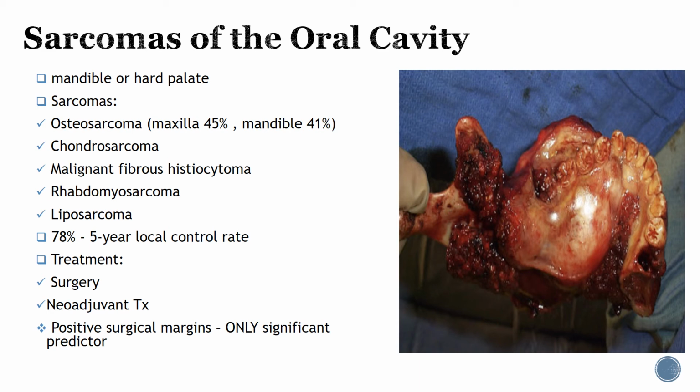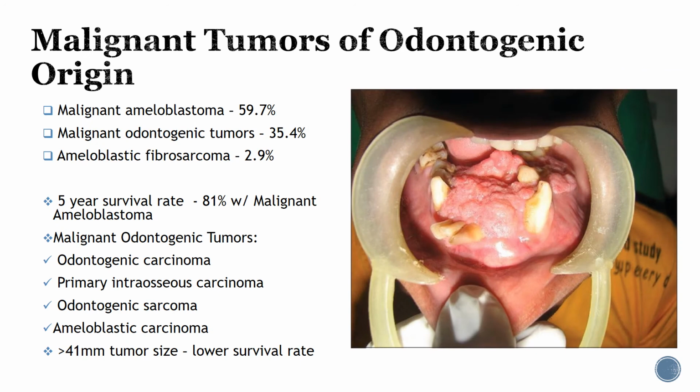The 5-year local control rate for head and neck osteosarcoma is 78%, surgery is performed in all patients, and neoadjuvant chemotherapy was used in 68%. Positive surgical margins were found to be the only significant negative factor.